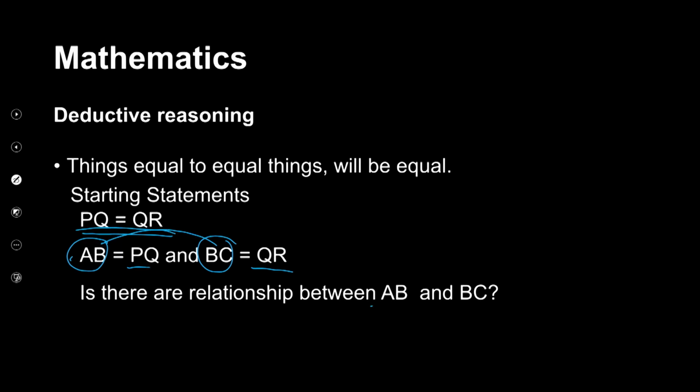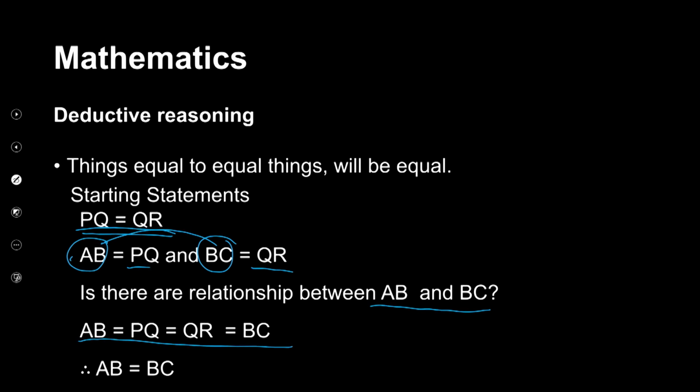Then I can answer this question of whether there is a relationship between the AB and the BC. So as a result, that's what I will then say, that all of these line segments are equal to each other, all four of them, by the way. Now, as a result, you can deduce it to only being AB and BC.